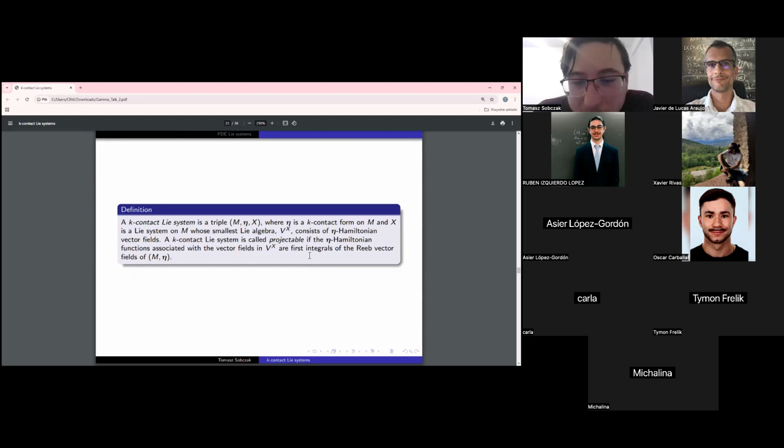So the question is, how is the k-contact form relevant for X to be a k-contact Lie system? What I mean is, if X defines a k-contact Lie system for a certain k-contact form, is it a k-contact Lie system for another choice of k-contact form that defines the same contact distribution or k-contact distribution?